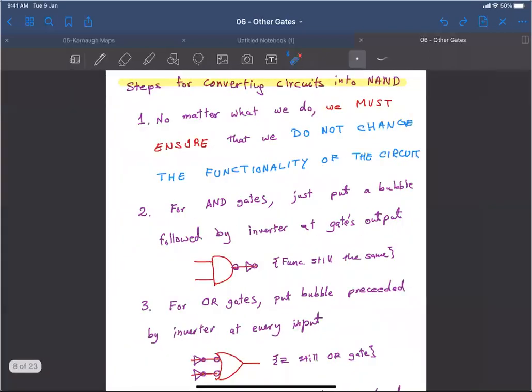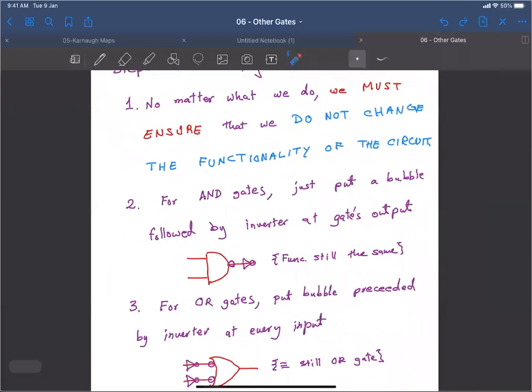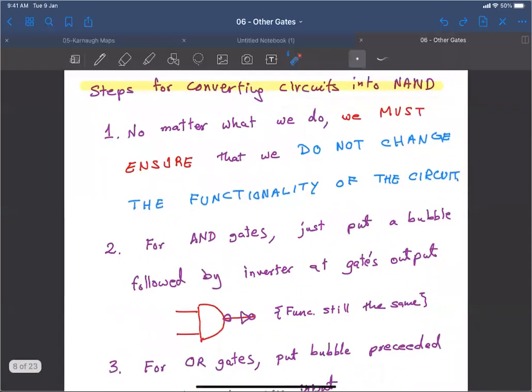So now the objective here is, for example, to convert a given circuit into only NAND gates. And by the way, I haven't told you the reason for that. Why are we interested in changing a circuit to only NAND gates or NOR gates?